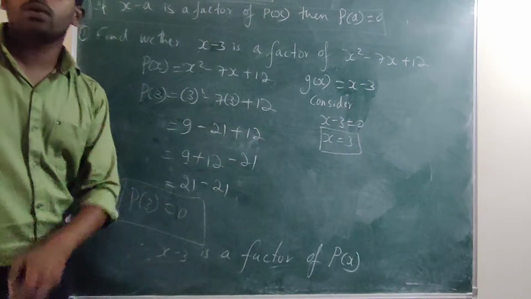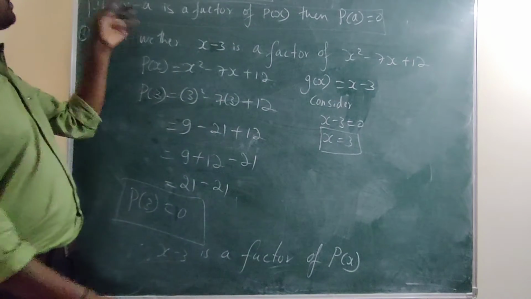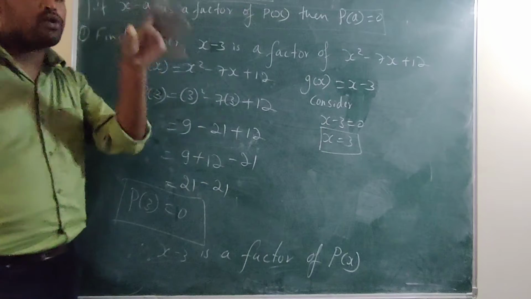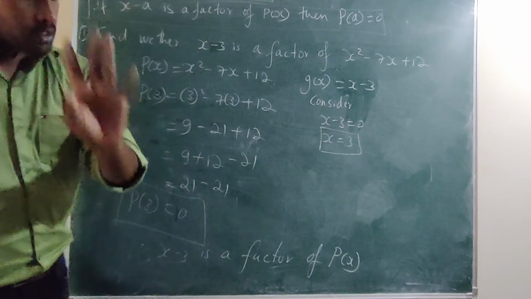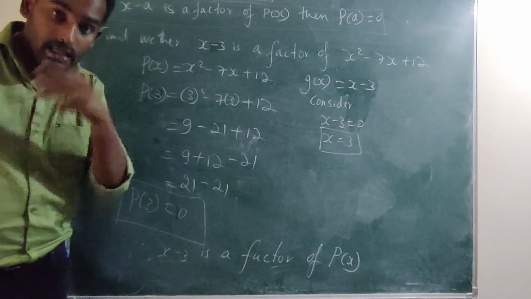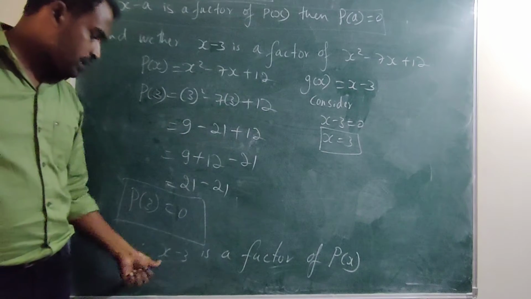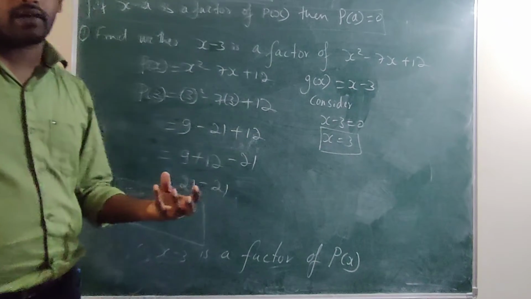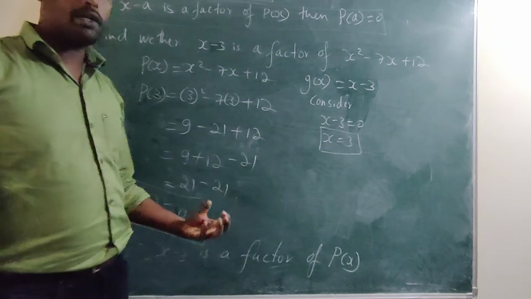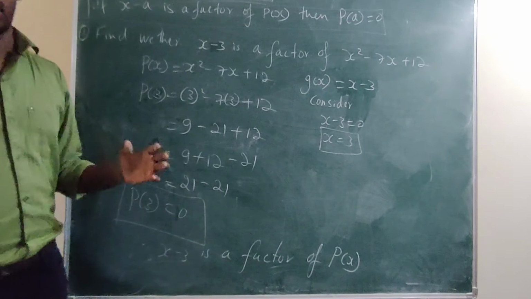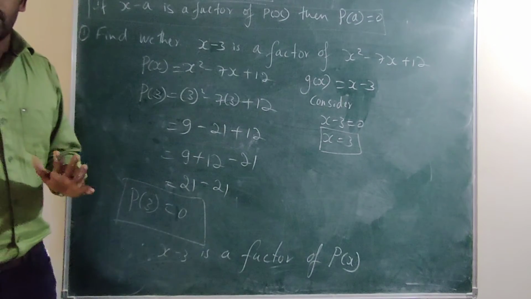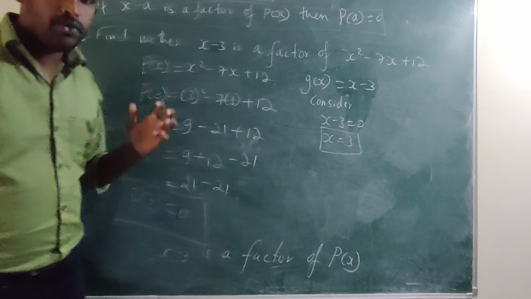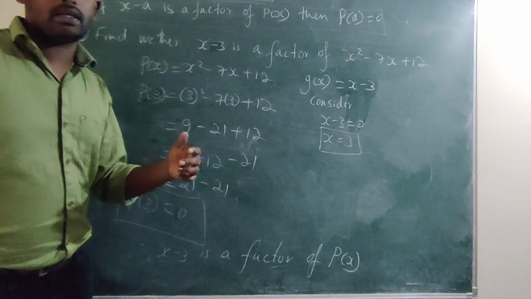P of a is equal to some constant number means, here small alteration, it is not a factor. Remainder, for example, any number other than 0, then you have to write x minus 3 is not a factor. It is a factor means remainder should be equal to 0. Any doubt, students?